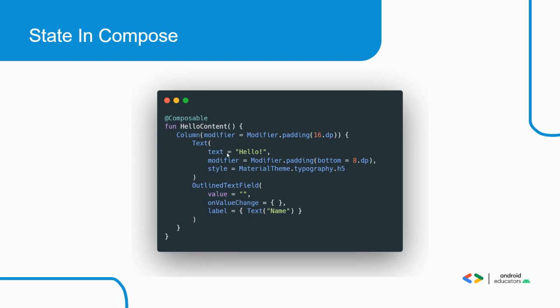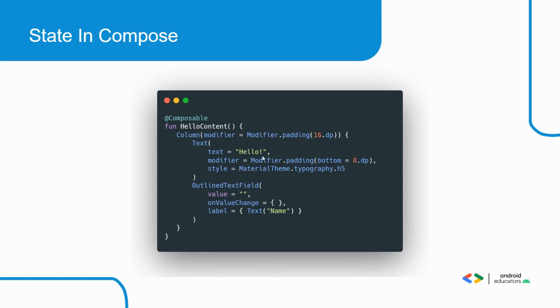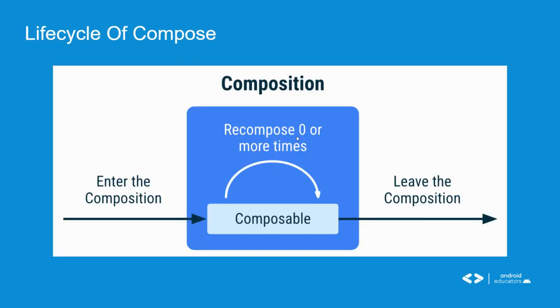When the compiler executes this UI, it will enter the composition. Whenever some parameter gets updated for that UI component, for example, in this case, currently it does not have any state holding. It's a static value, so it will not update anytime. So now recomposition is 0.